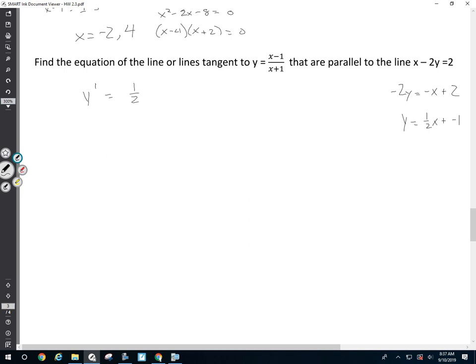Let me make sure I subtracted x divided by -2. Yep, okay. So my tangent slope generator, derivative of the top times the bottom, minus the derivative of the bottom times the top, all over the bottom squared. I say yay because I have to distribute this negative. This needs to equal 1/2.